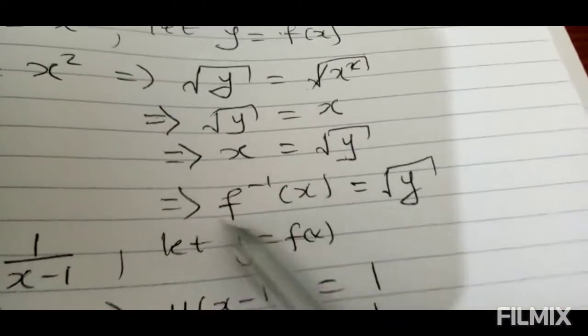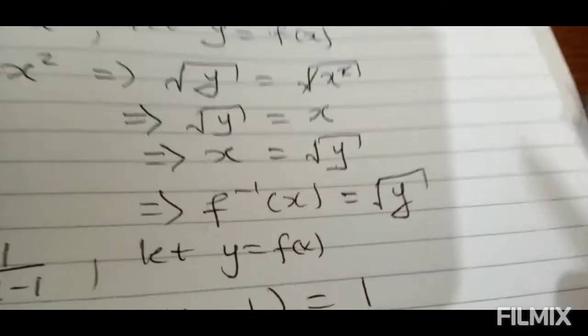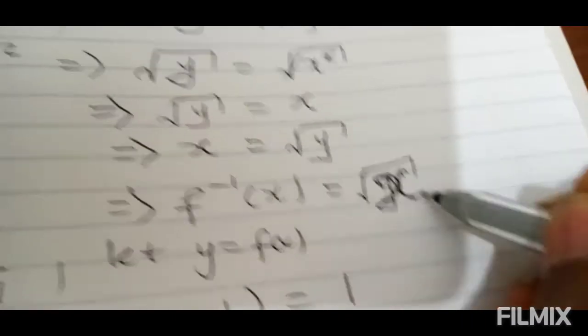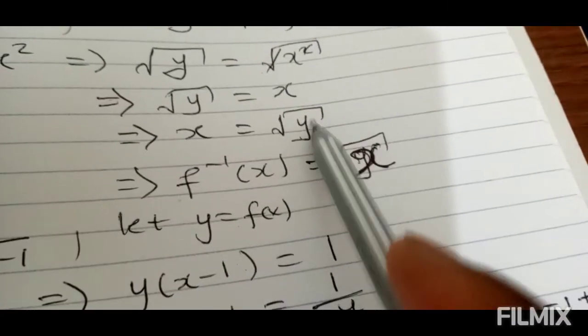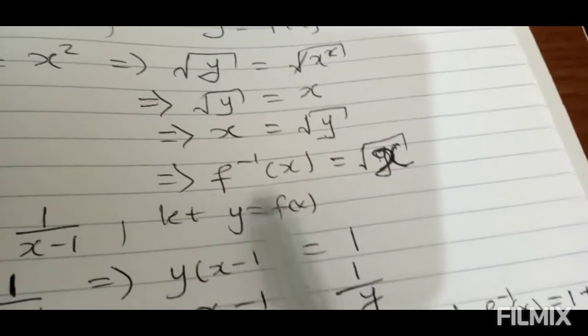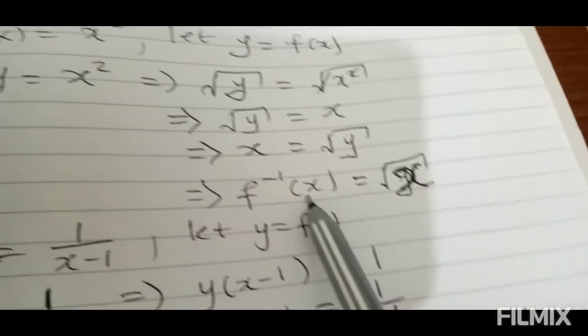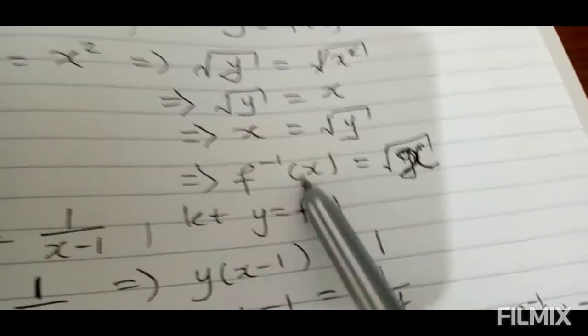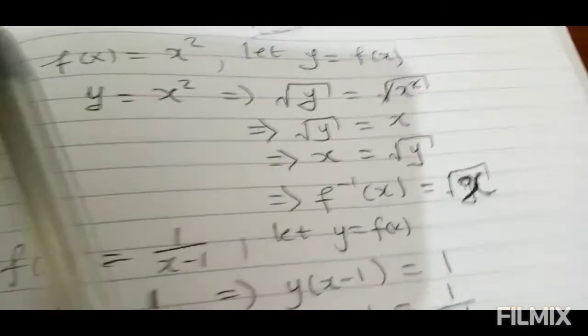So f inverse of x is equal to root of x, okay? Root of x, not y, okay? Because you are putting x where there is y, okay? And just call this equation f inverse, okay? So f inverse of x is equal to root x.